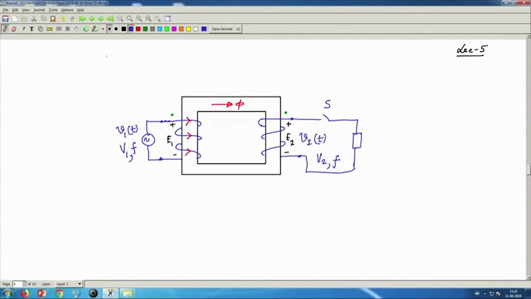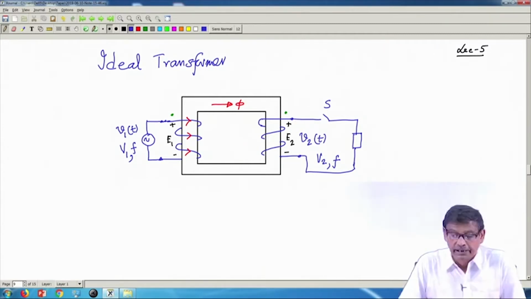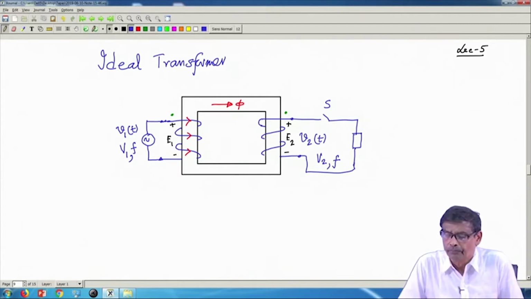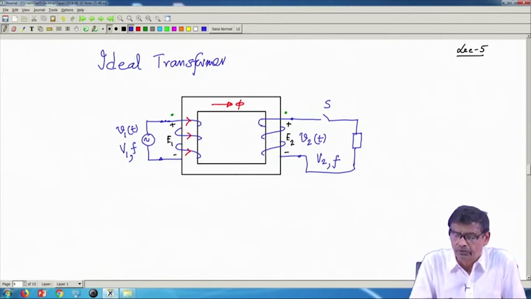An ideal transformer is one where the magnetizing current required is vanishingly small, there is no winding resistance, there is no leakage flux. Another thing I did not mention, but can add now, is that there is no core loss in the magnetic material in the core.